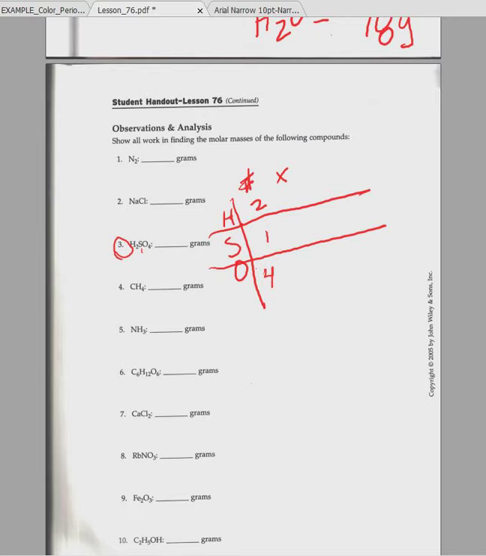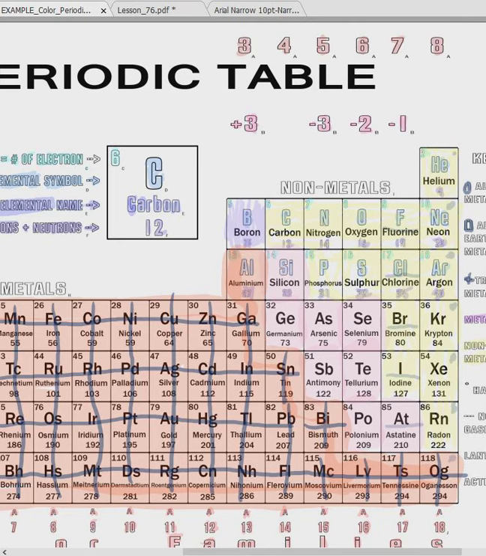All right, so this is all going to be multiplied. We know hydrogen and oxygen based on H2O. Now we need to find sulfur, which looks like it's 32.